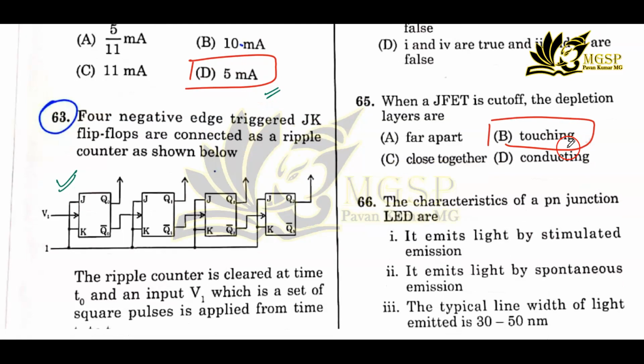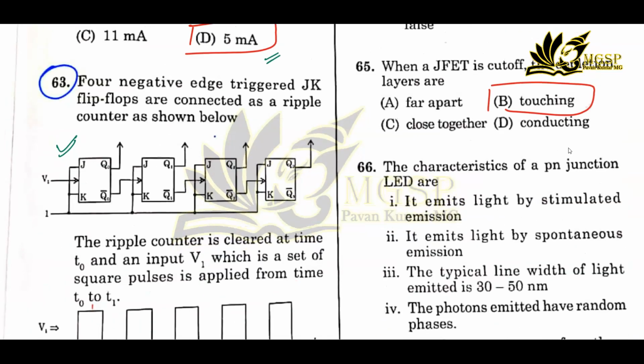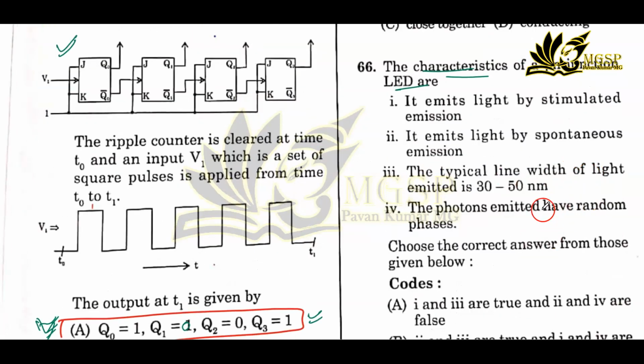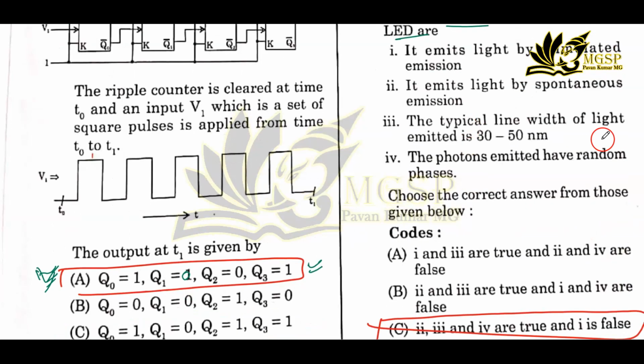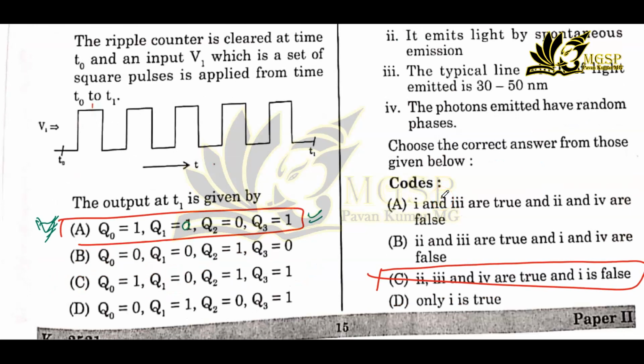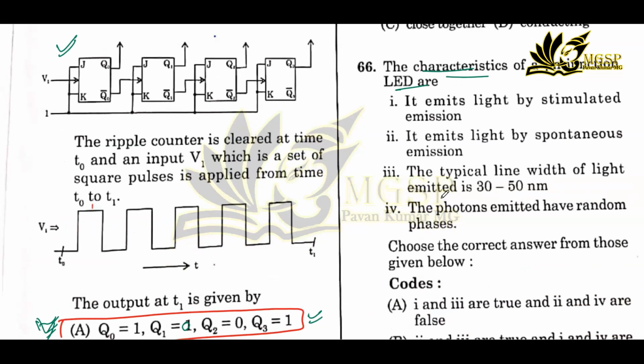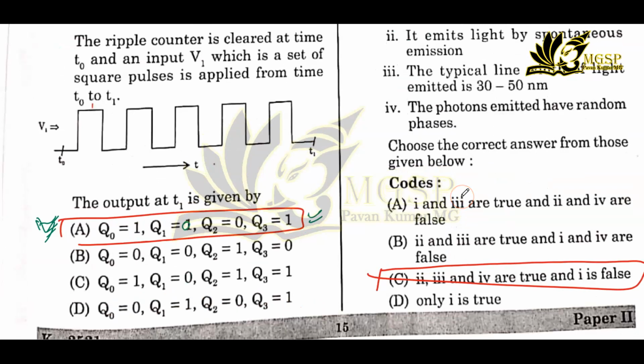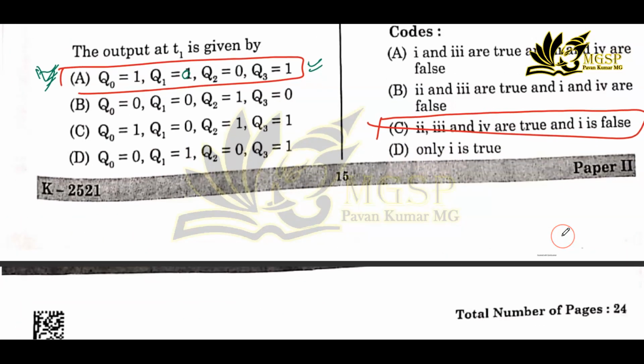We have discussed these two, and some of the characteristics regarding LED. These have different phases, I mean random phases and typical wavelength. This was a spontaneous emission, not a stimulated one.